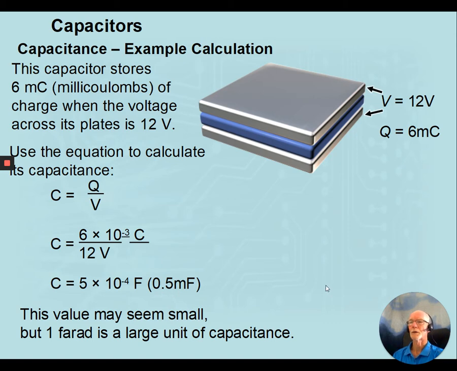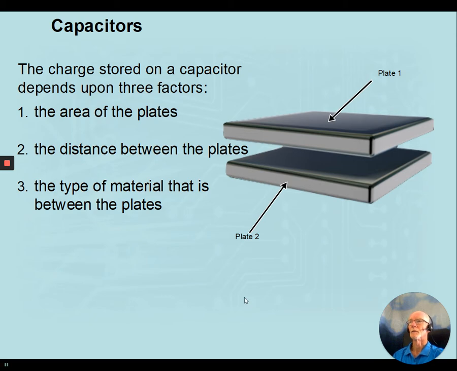And that is quite small, which is common for capacitors, because 1 farad is in fact a very large unit, a very large value. The charge stored on a capacitor is proportional to 3 things: the area of the plates, the distance between them, and the type of material that's used as the dielectric.